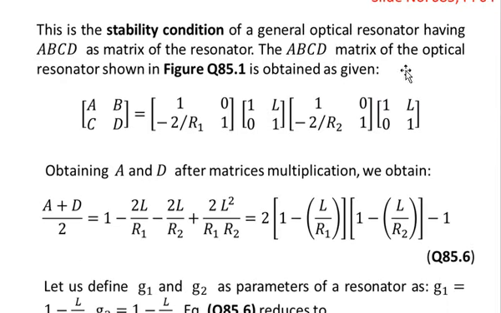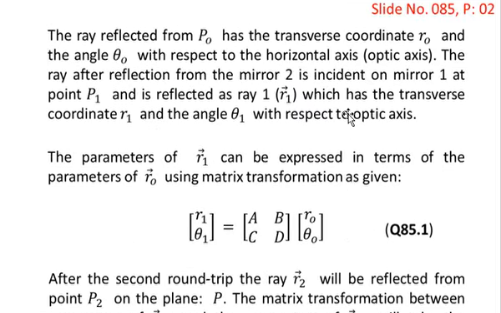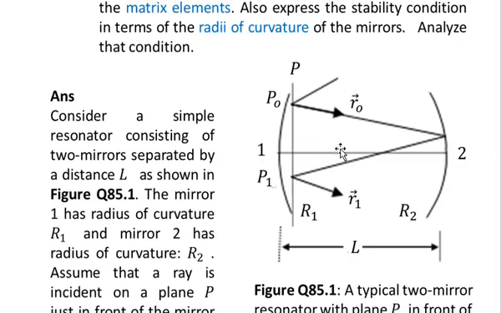The ABCD matrix of the optical resonator shown in figure 85.1 is obtained as given. Now you see that we have this optical system which I have shown over here, and we are going to formulate the ABCD matrix for this system. First of all, the light will travel from P0 to the mirror M2.